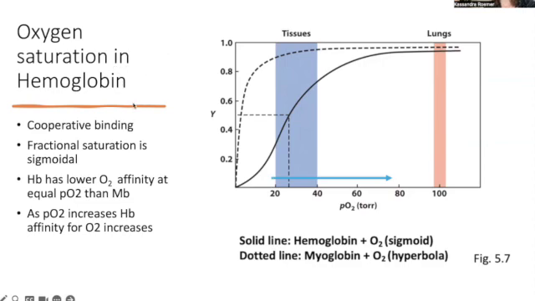So if you remember, the half saturation for myoglobin was around here versus for hemoglobin, it is at a much higher PO2. So overall, we can conclude that hemoglobin has a much lower affinity at equal O2 pressure than myoglobin, and as the pressure for the external oxygen increases, the affinity for oxygen increases as well.